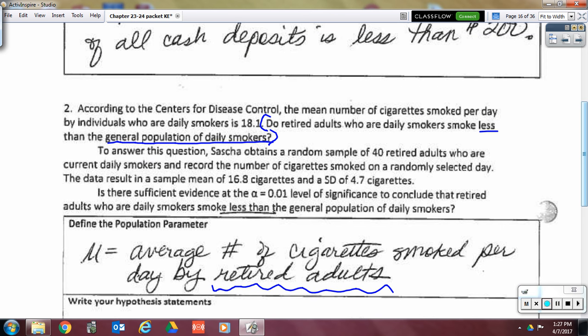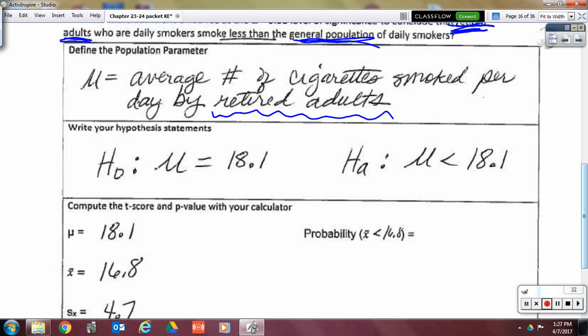Is there sufficient evidence at the .01 level of significance to conclude that retired adults who are daily smokers smoke less than the general population who are daily smokers? All right. Our null hypothesis is that the average is 18.1. Our alternative is less than.